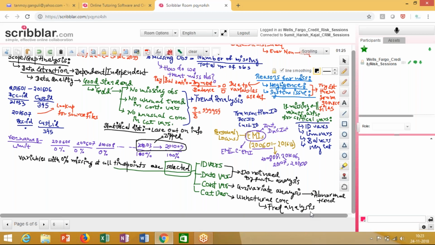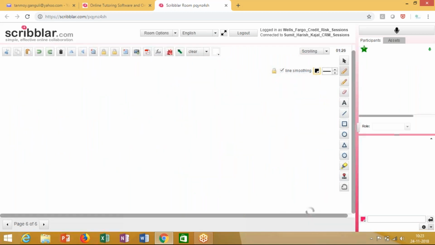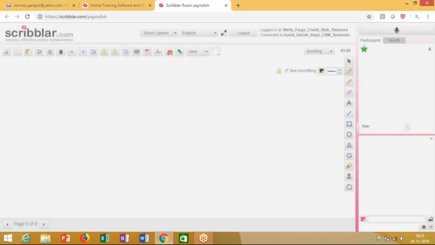Then the variables are broken down into continuous and categorical: on the continuous variables we have univariate analysis, and on the categorical variables we run the frequency distribution analysis. Clear?